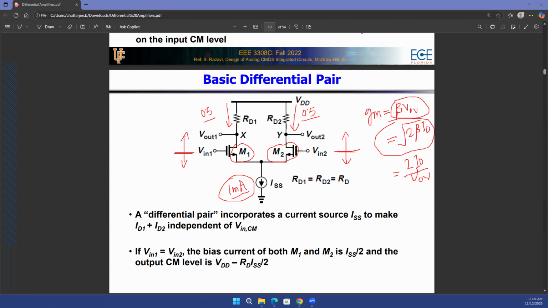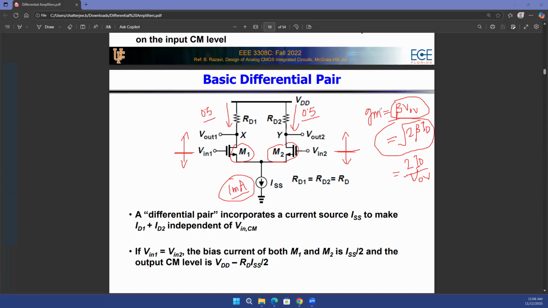So this level can keep on changing, which means if I use GM equal to beta times VOV, does that mean my GM keeps on changing? On the other hand, if I use the second formula where ID is a constant, then GM is a constant. So is there a fallacy? The fact that GM changes or does not change should not depend on which formula I use.